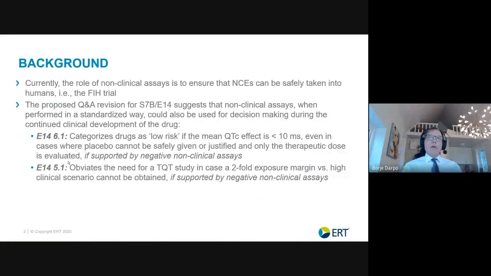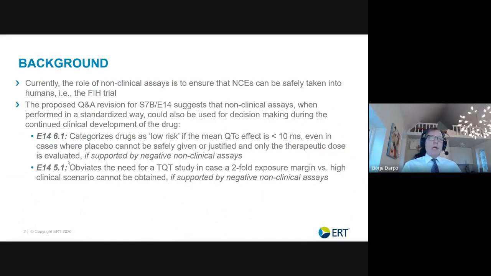So the background is the following. Based on the 2005 S7B and E14 guidances, the role of non-clinical assays has so far been mostly to make sure that NCEs can be safely taken into humans, so to ensure safety for subjects enrolled into first-in-human trials.